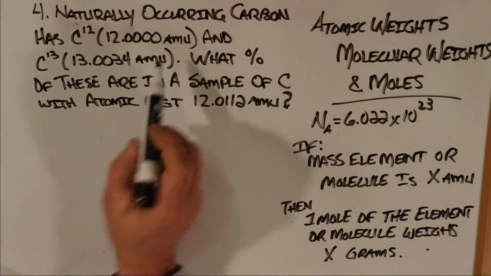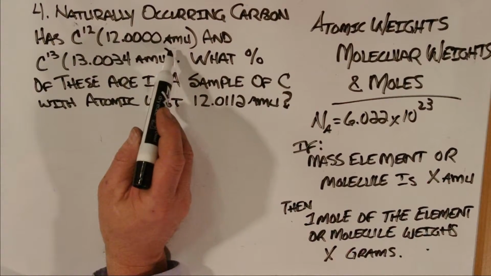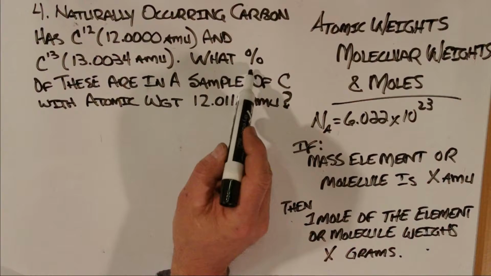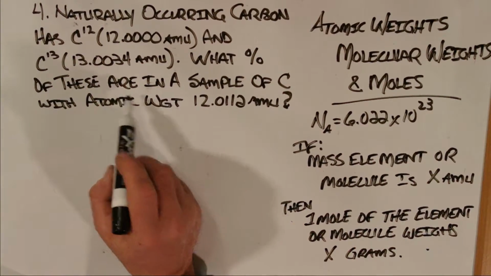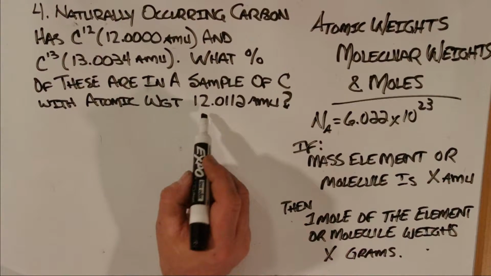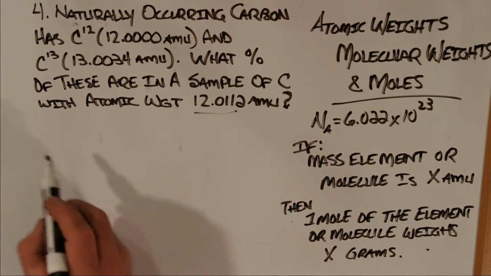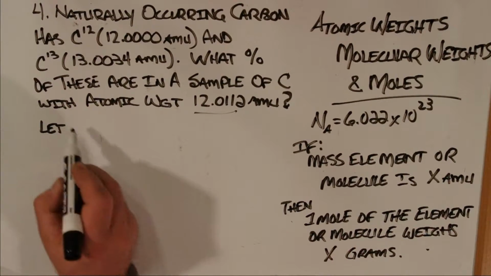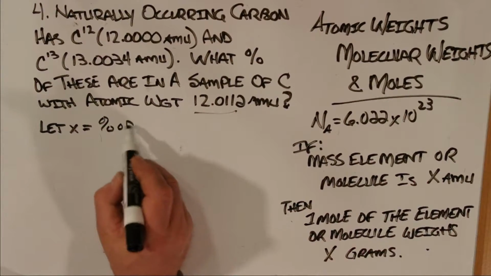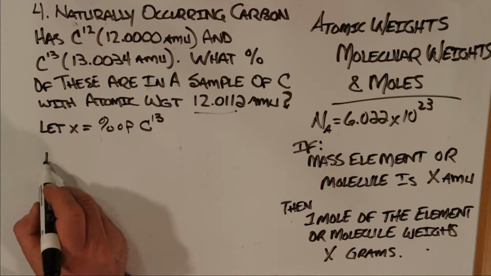Our fourth problem, naturally occurring carbon has C12 with an atomic mass of 12.0000 AMU and C13 with 13.0034 AMU. What percentage of these are in a sample of carbon with an atomic weight experimentally determined to be 12.0112 AMU? Good question. This is part of the carbon dating scene, and we start with letting X equal the percent of carbon-13 present.